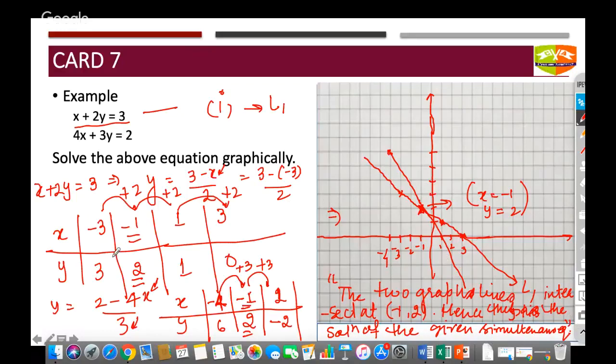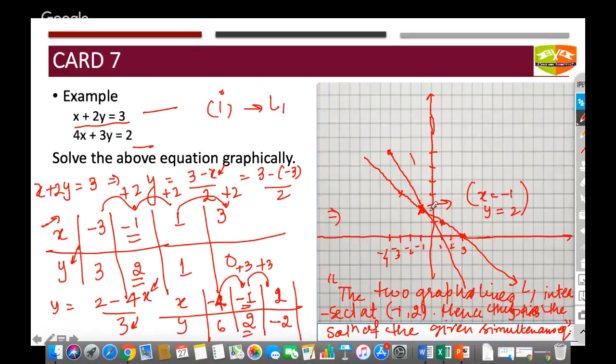So the process is, you take equations one by one, you represent y in terms of x, you put a few values of x so that you get corresponding values of y, and you plot the first line. Then you go to the second equation, you do the same thing, representing y in terms of x, find the corresponding values of y, and plot the second line.